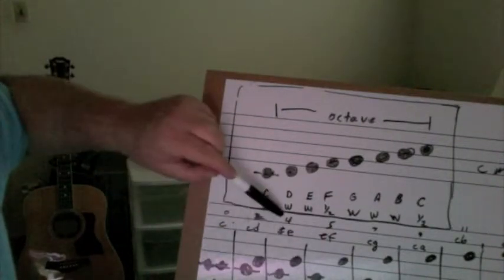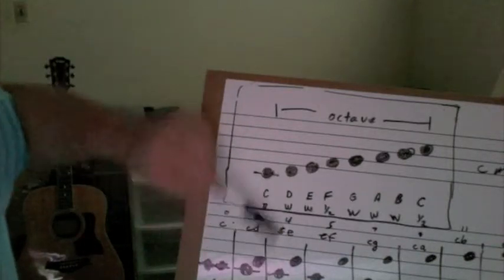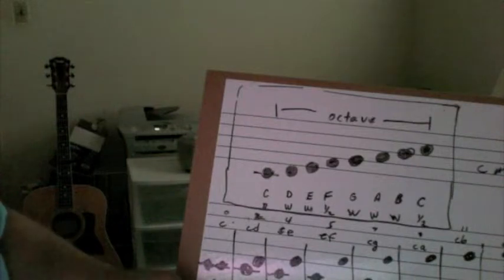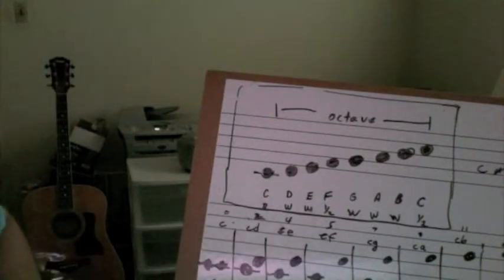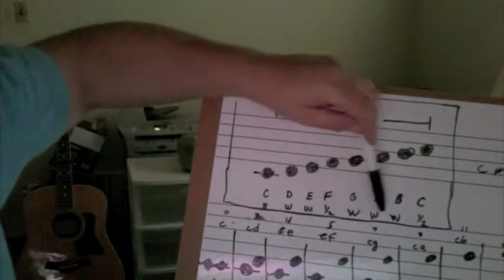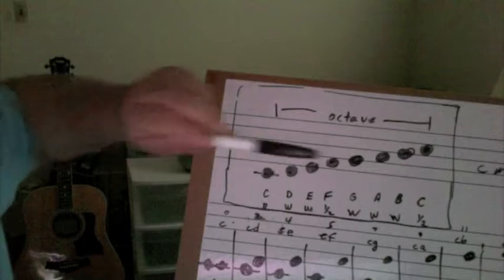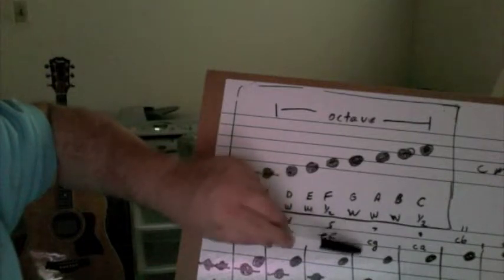It's a total of 4 half steps. From C to F is going to be a perfect fourth, and that is a total of 5 half steps. So each time I'm adding the number of half steps to the next note. So from C to G is a perfect fifth, and that is 7 half steps.